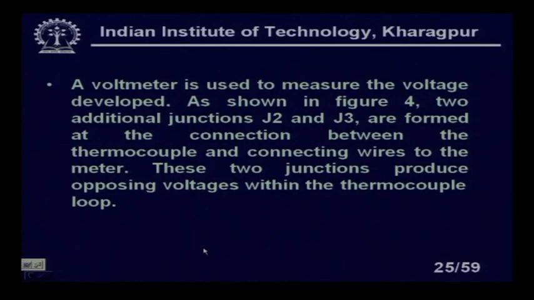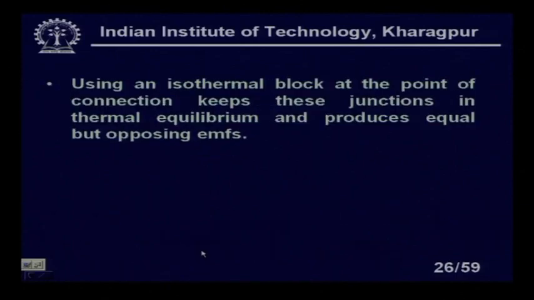A voltmeter is used to measure the voltage developed as shown in the figure, and two additional junctions J2 and J3 are formed at the connection between the thermocouple connecting wires and the meter, because that cold junction is not there in industry, as I told you. These two junctions produce opposing voltages within the thermocouple loop. So, one of the most important things is that this should be an isothermal block, which I will show you in the next figure.